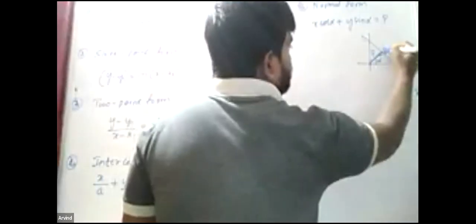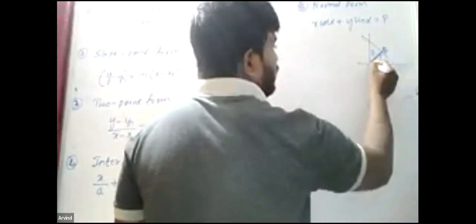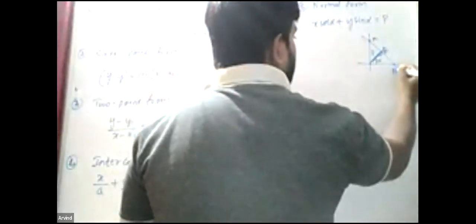Okay, for your reference, just note it down. Let's name this as some b. The length of this perpendicular is p, and the perpendicular forms an angle with the x-axis, that is alpha. All these are interconnected. A, B, this is origin for your reference.